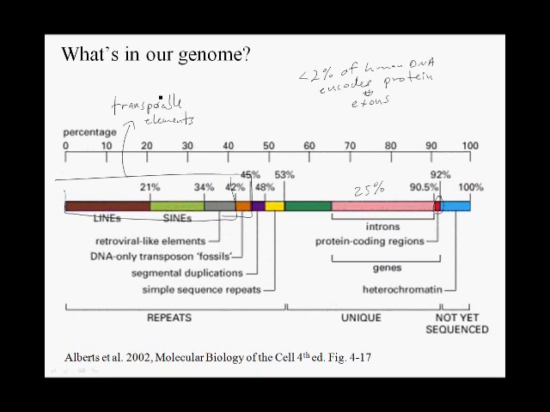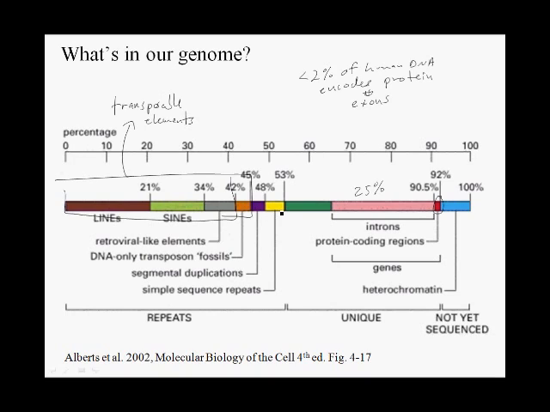What we see is that the human genome, during its evolution, or the ancestors of humans, experienced a number of transposable element insertions, which expanded and now take up 45% of human DNA.